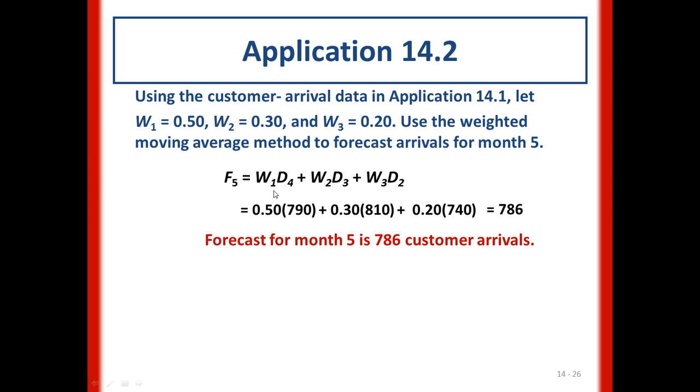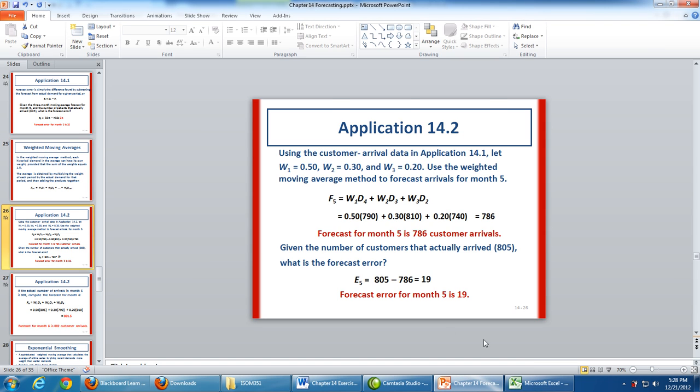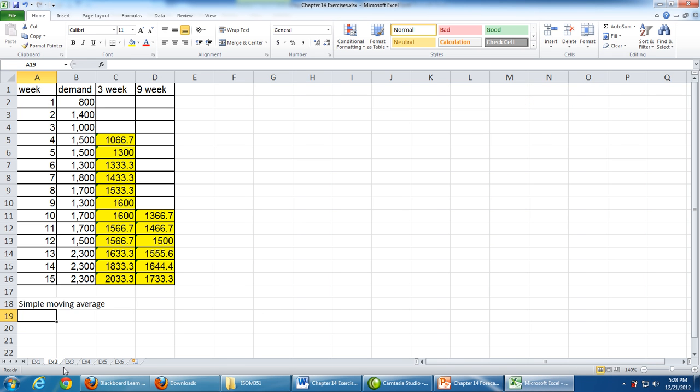We give a higher weight of 0.5. 0.3 is given to period 3, which is 2 periods apart from period 5. And 0.2 is given to period 2 because it is the furthest period. All weights must add up to 1. With this example, we will maybe experiment on example 3.